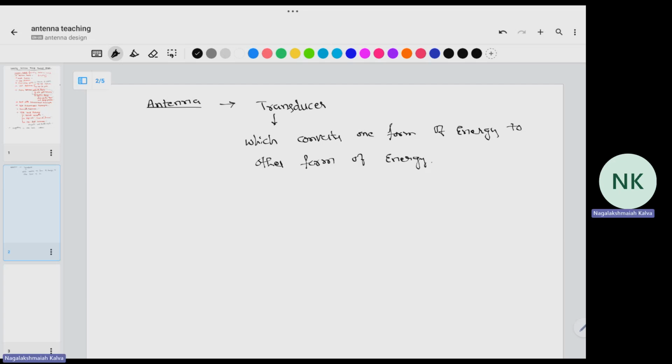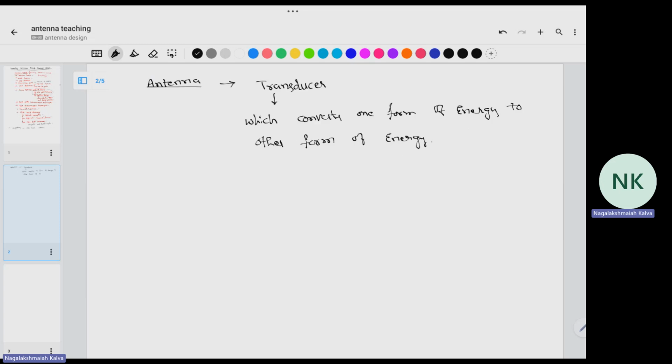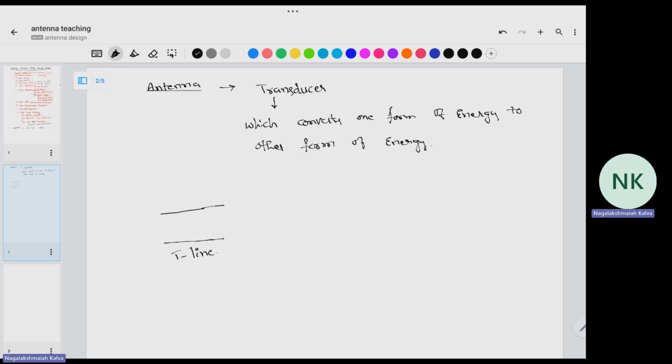So here in our case, in antenna, in what way is it transducing the power? In general, the antenna is a transducer between a transmission line and free space.